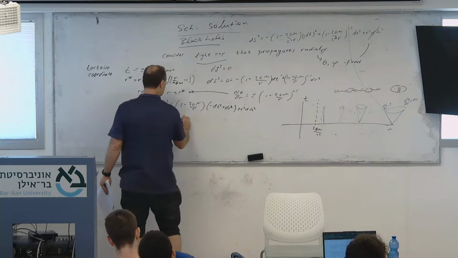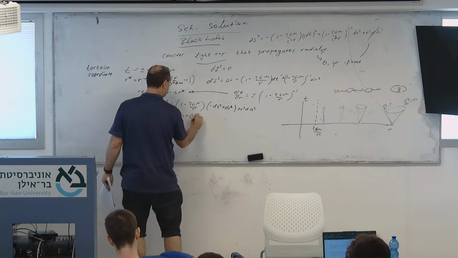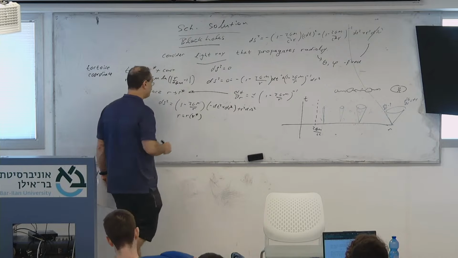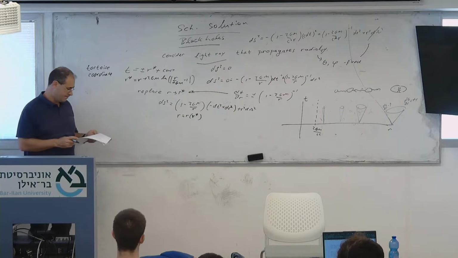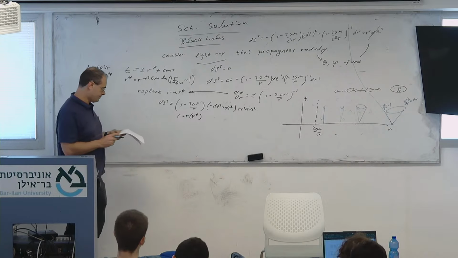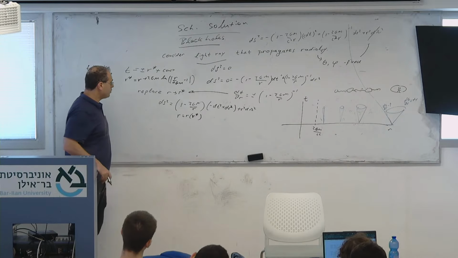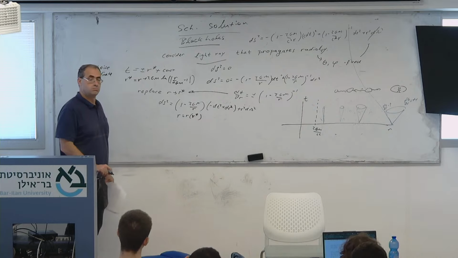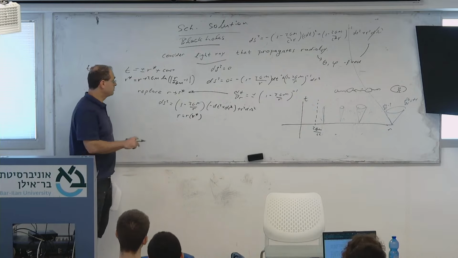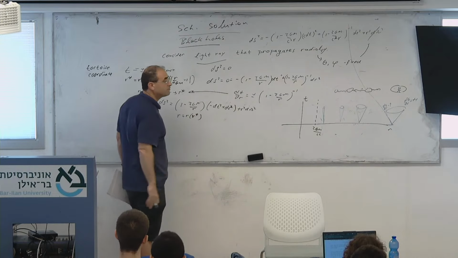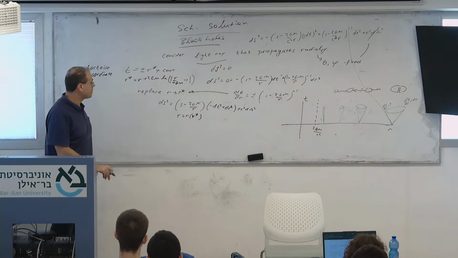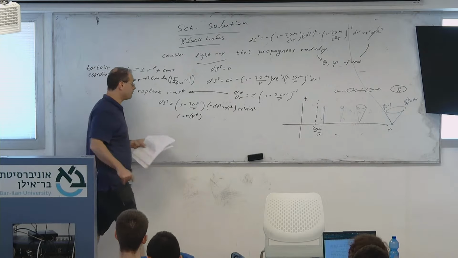And r is now thought of as a function of r star. So that's already quite good, because none of the metric coefficients becomes infinite.